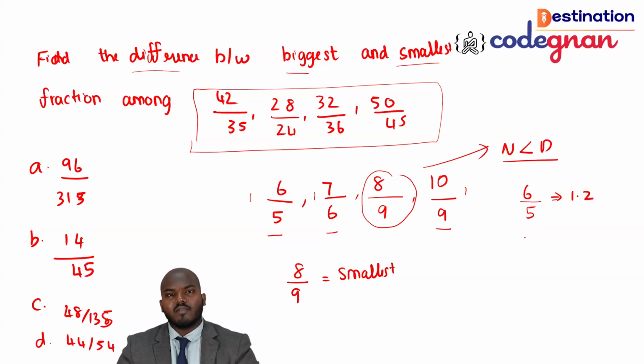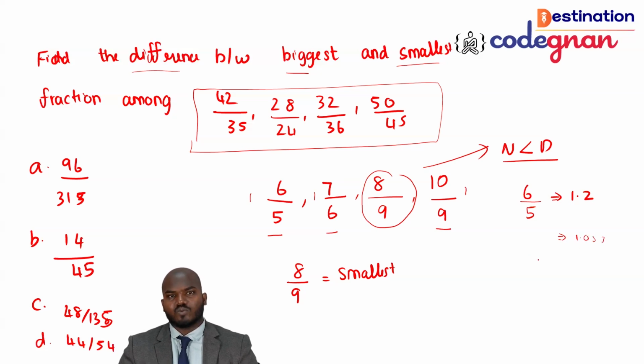Okay, and 7 by 6 means what? Sorry, 7 by 6. It will give you a value of something like 1.083.